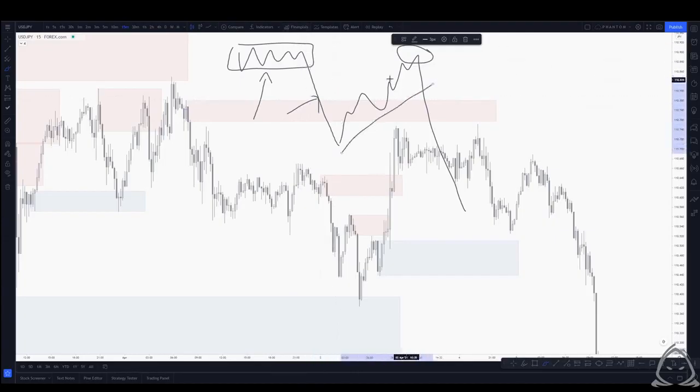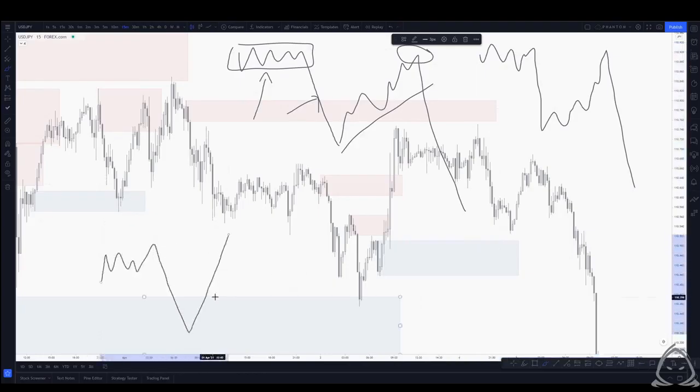And then, like I had said, we're looking for how price returns to that zone. Generally speaking, we're looking for some sort of corrective nature back into it. We're looking for some sort of rounded move into it, but we're trying to be a little bit more cautious with something that's just pure momentum back into the zone in question.